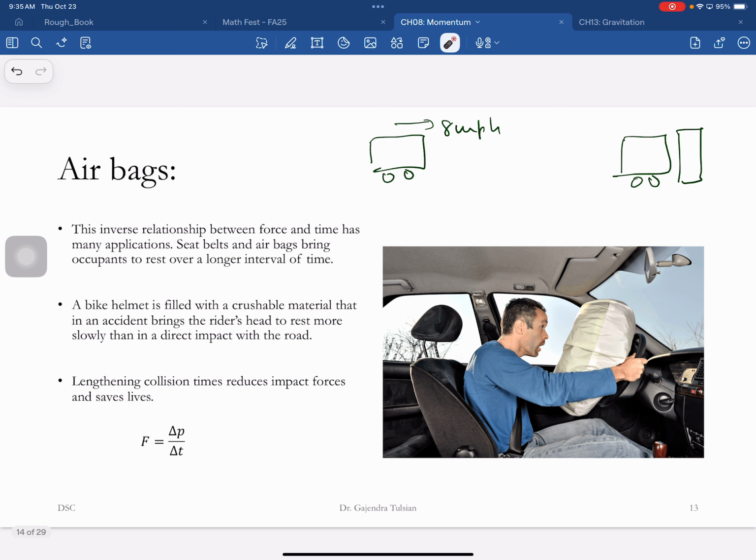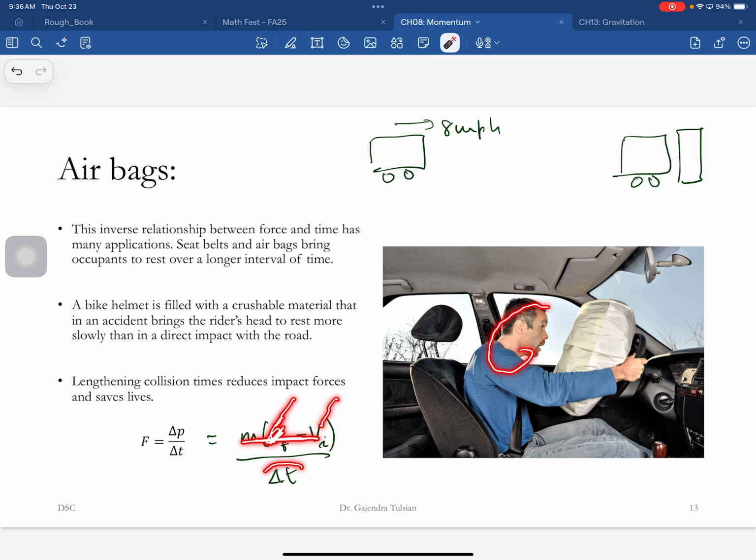Let me write it down: F equals m times v final minus v initial divided by delta t. Initially this is 80 miles per hour, and you need to be stopped, so v final goes to 0. So this is large.